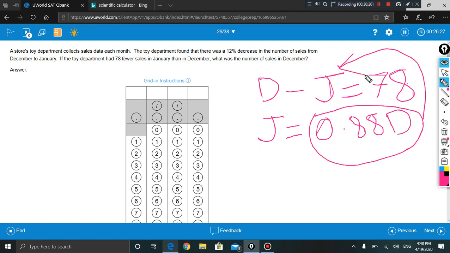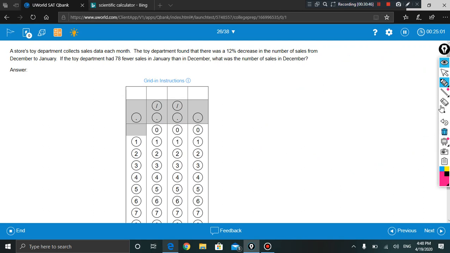So I'm going to do this on the calculator. X minus 0.88x, that should equal 78, shift solve, 650. Okay, 650 is the number of sales in December. Right. Okay, let's try write 650. Okay, 650.